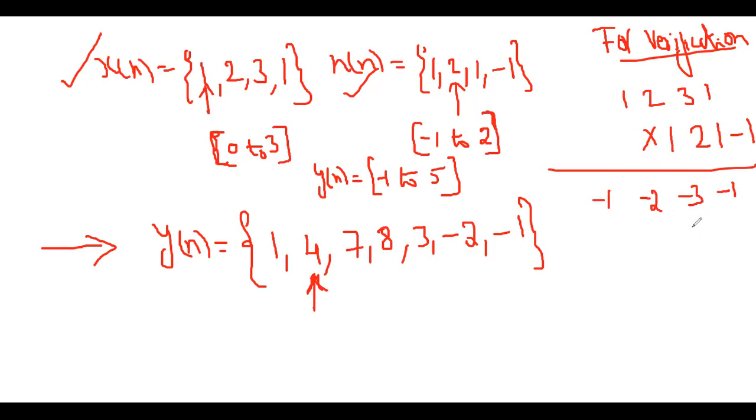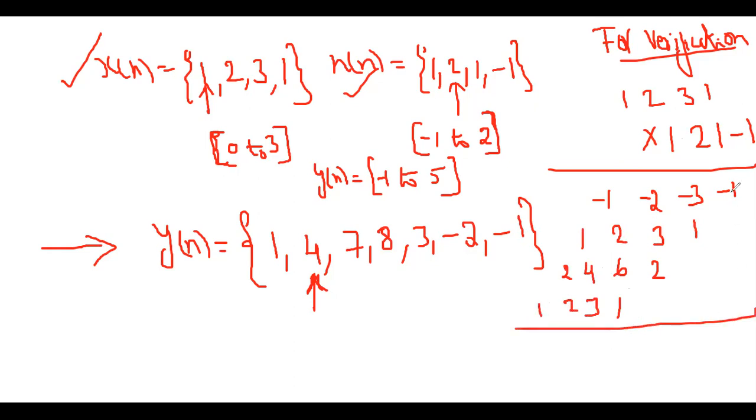And now the second value, 1 into 1 is 1, 1 into 3 is 3, 1 into 2 is 2, 1 into 1 is 1. And with the 2 value, 1 into 2 is 2, 2 into 3 is 6, 2 into 2 is 4, and 2 into 1 is 2. And the last value is also 1, so 1 into 1 is 1, 1 into 3 is 3, 2, and 1.